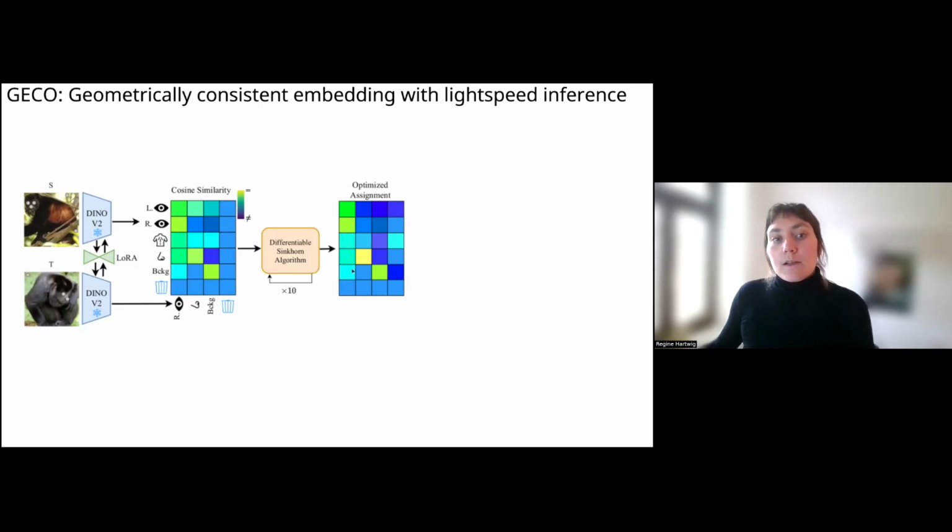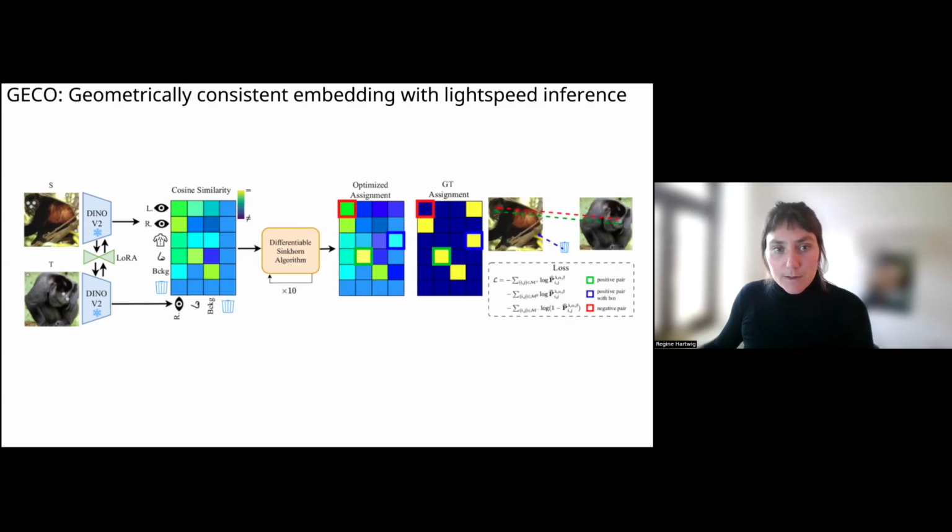And then we get the optimized assignment here. This assignment provides the signal that we can use for backpropagation, because we have annotated keypoint pairs. So we know where an assignment is correct and where it is not at the keypoint locations that are annotated.